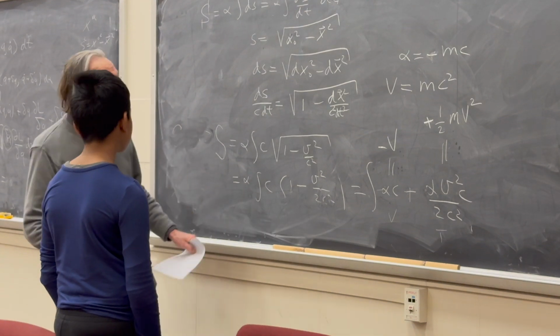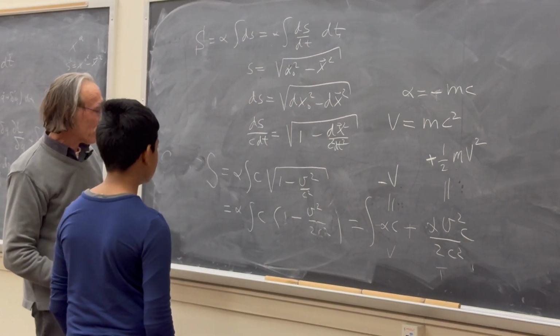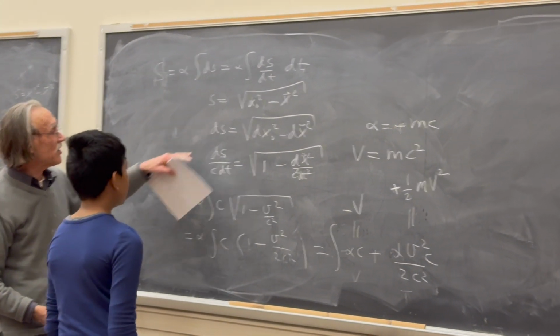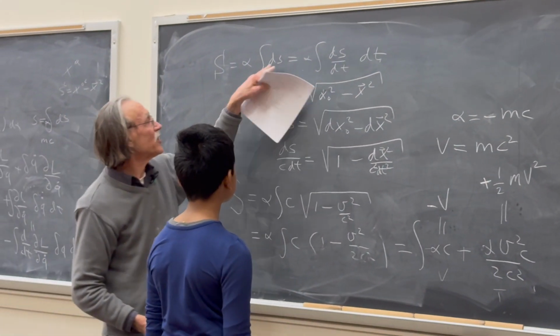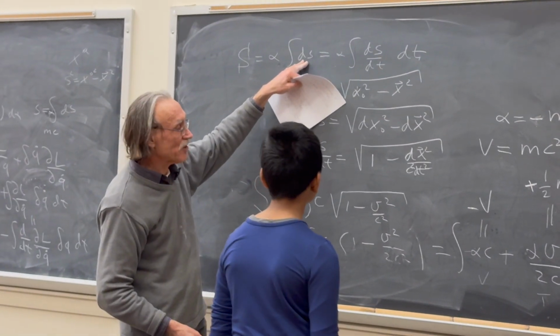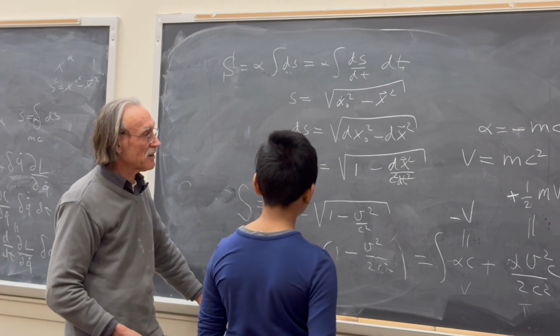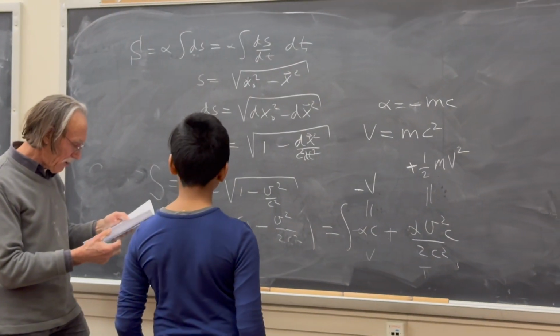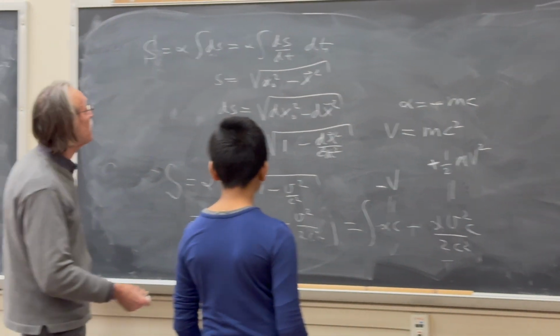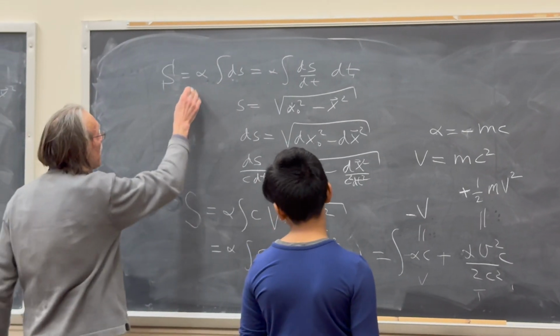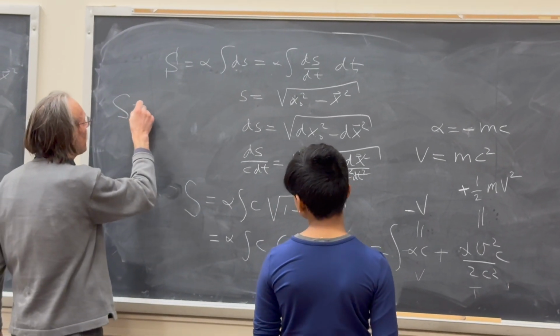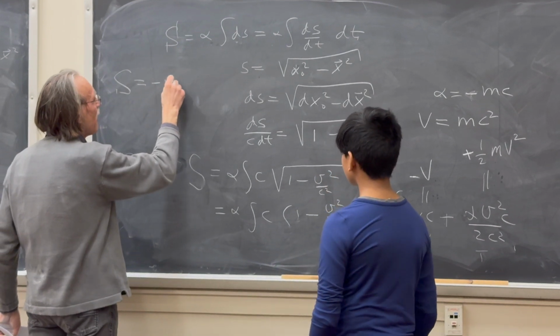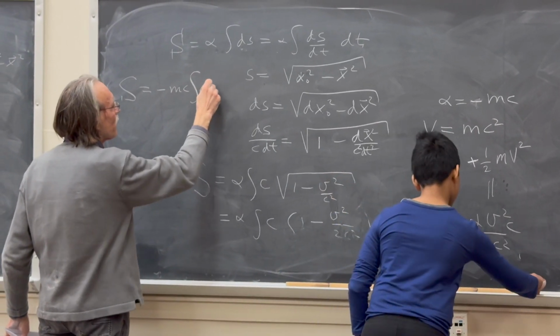And that's already an important result, that for a free particle, the action is given by m times c times ds. And I think, what did I have, it was minus mc. You're right. So S is equal to minus mc times the integral of ds.